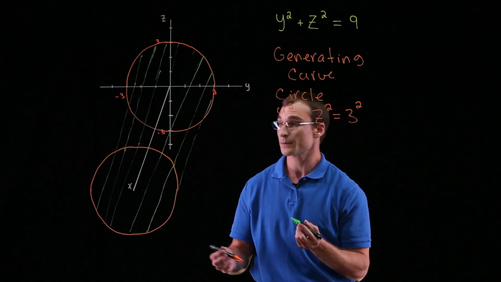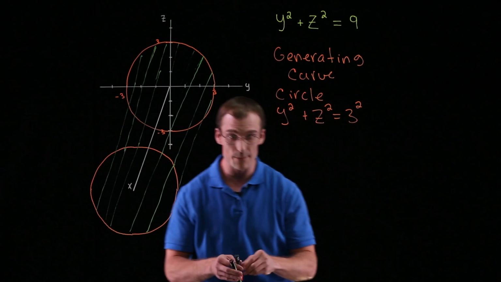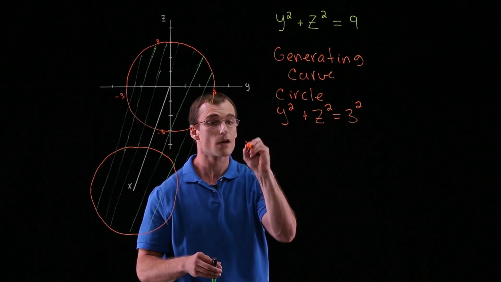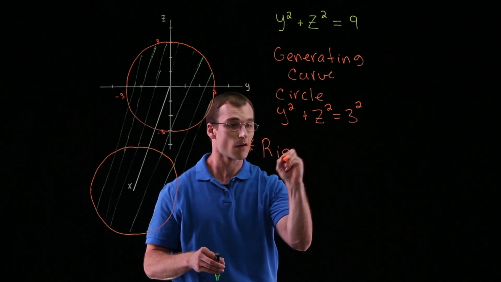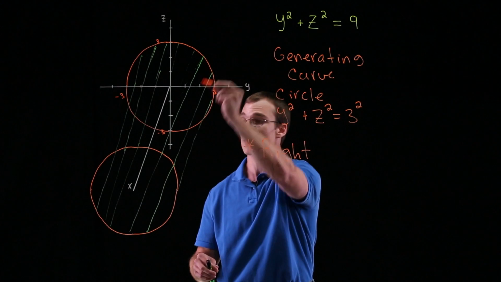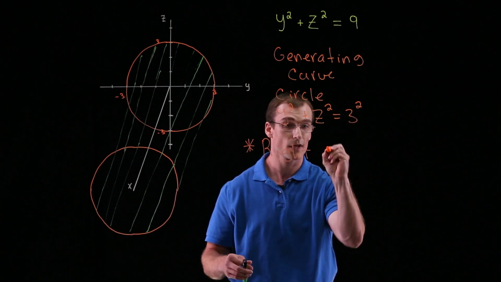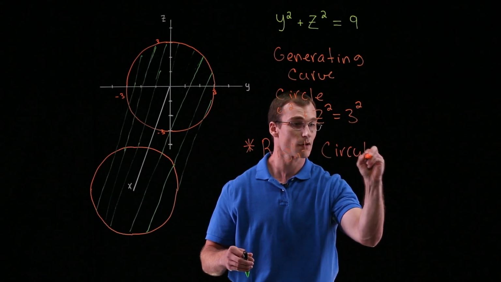And so what does this look like? Well, it looks like a cylinder in normal terms, or like a pipe or something like that. But to describe it, what we're going to call this is a right circular cylinder. So the ruling lines are coming out perpendicular, or at right angles, and the generating curve is a circle.